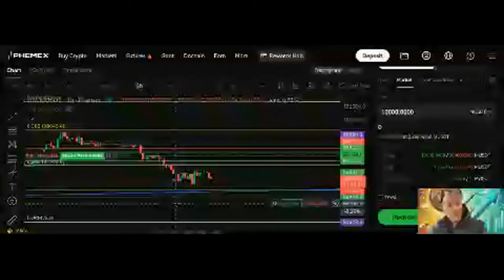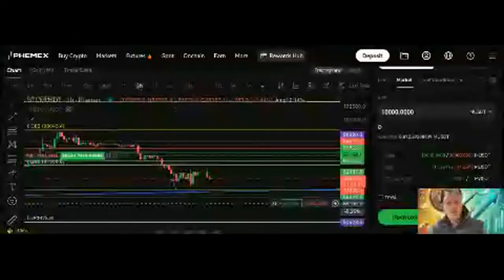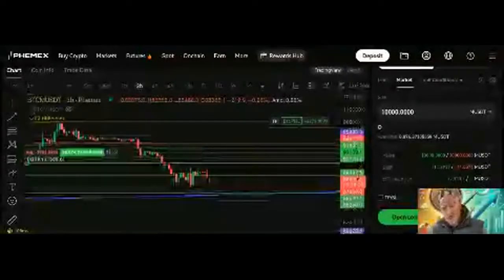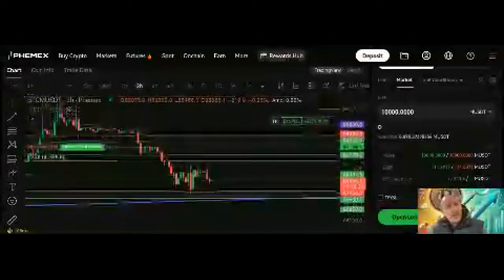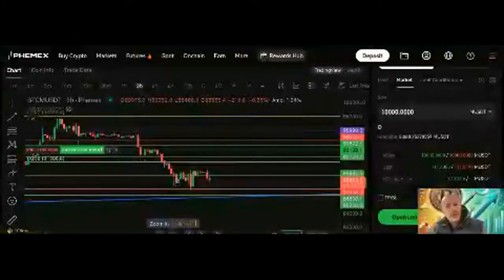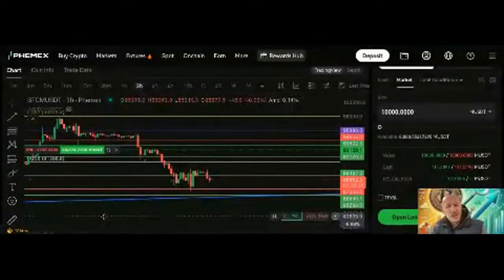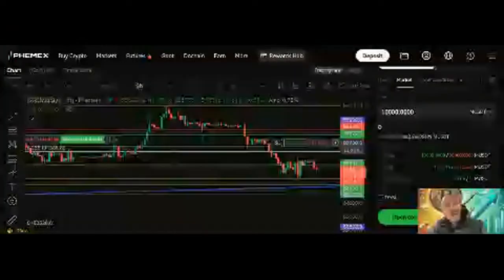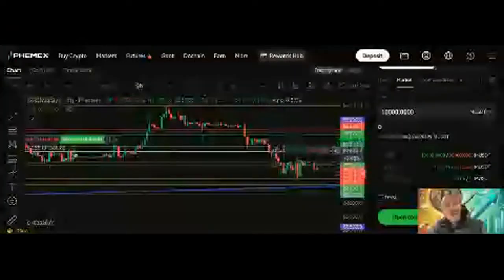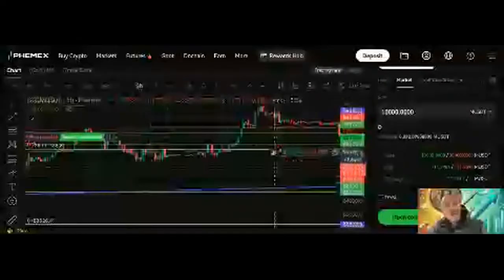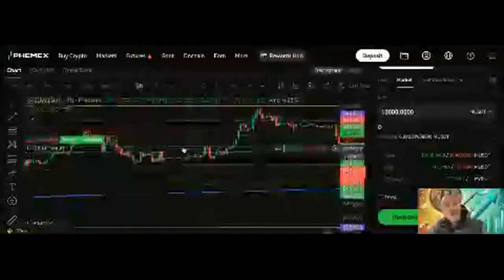So I do say to buy on the red days, sell on the green days. When it's choppy like this, this is the best time to enter.